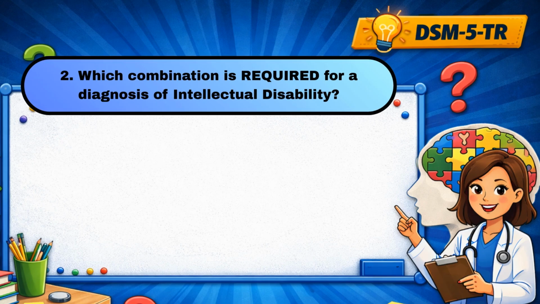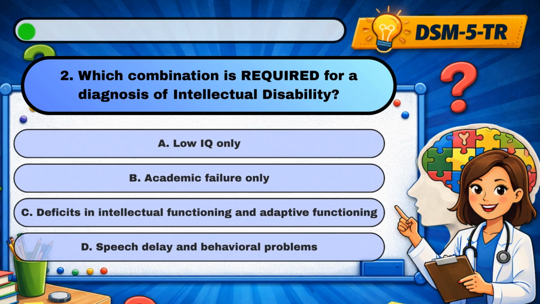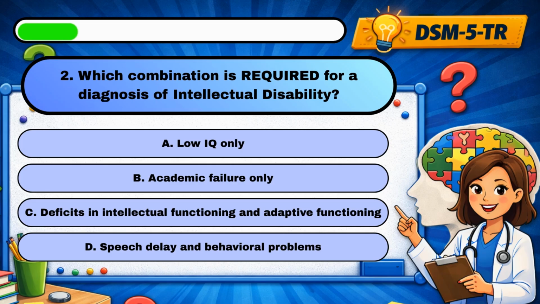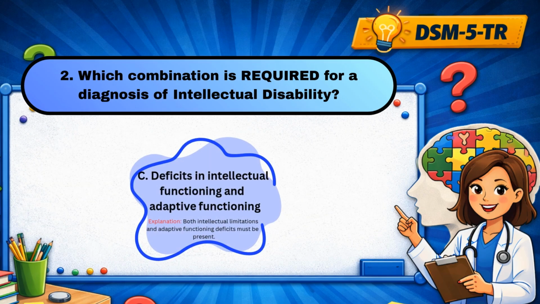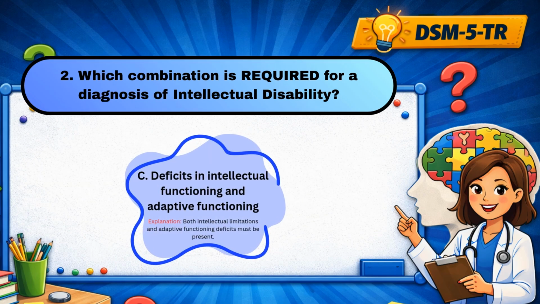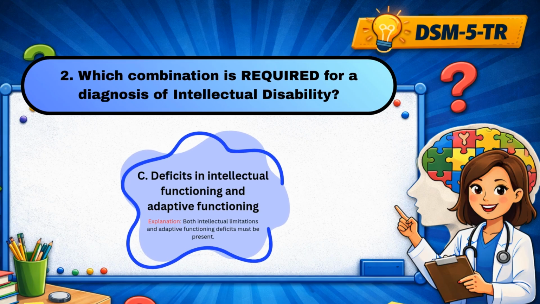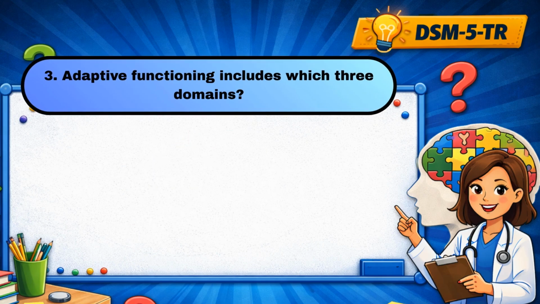Which combination is required for a diagnosis of intellectual disability? C. Deficits in intellectual functioning and adaptive functioning. Adaptive functioning includes which three domains?